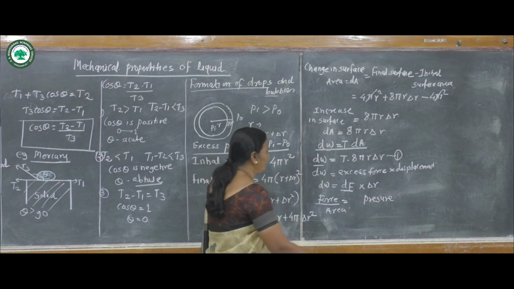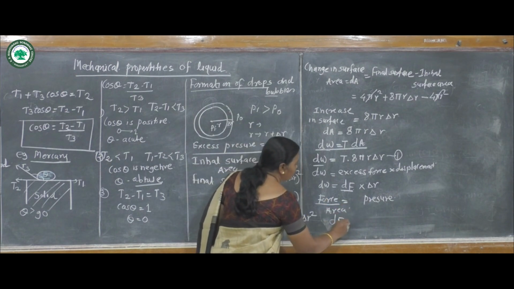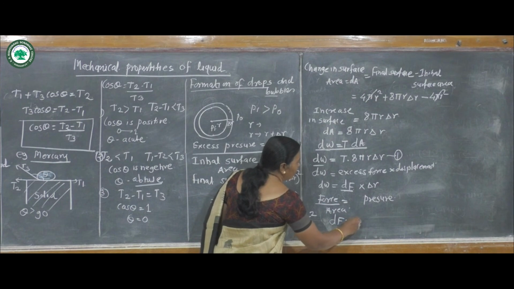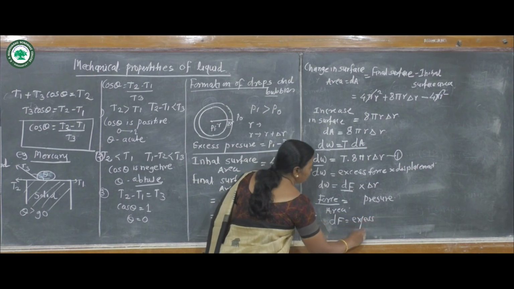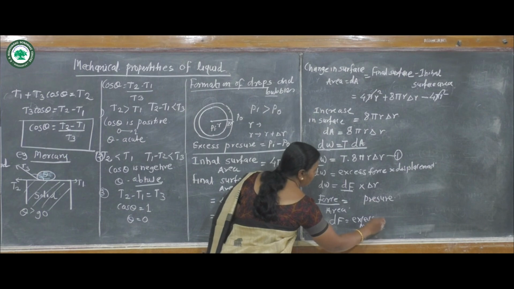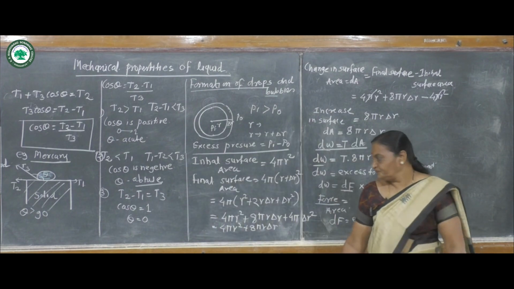Therefore we can write dF is equal to pressure into area. It is excess pressure multiplied by area dA. Now see, what is the excess pressure here?